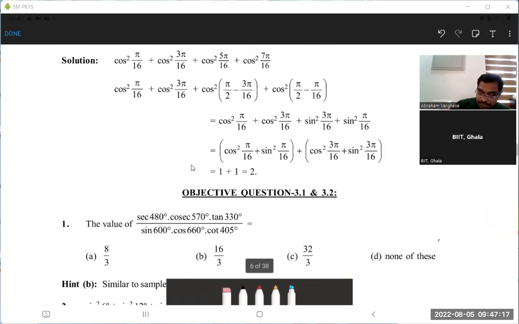First question: find the value of sec 480, cosec 570, multiplied with tan 330 into sine 600, cos 660, and cot 405. Just like we have done 10 questions, no? Just find the value of this one by one, put it here and check what answer you are getting.